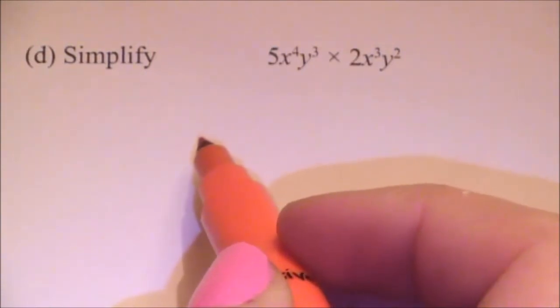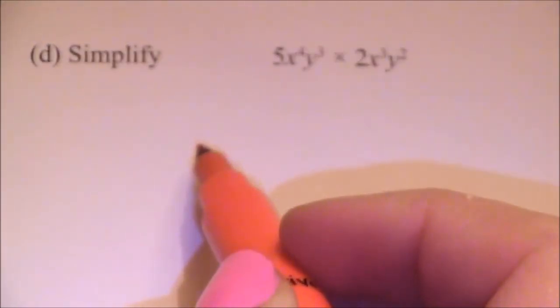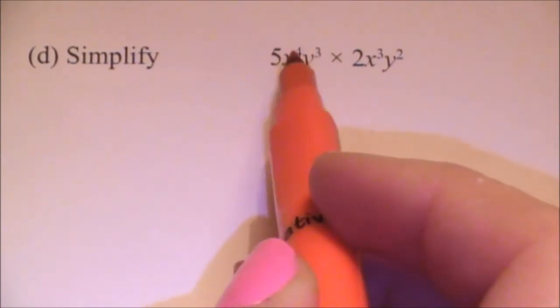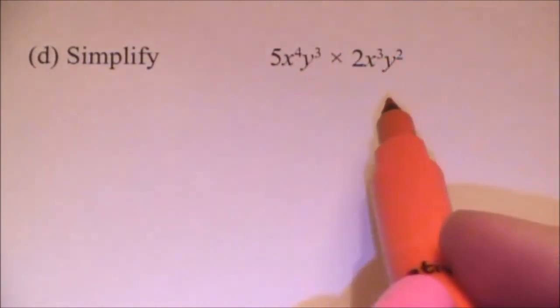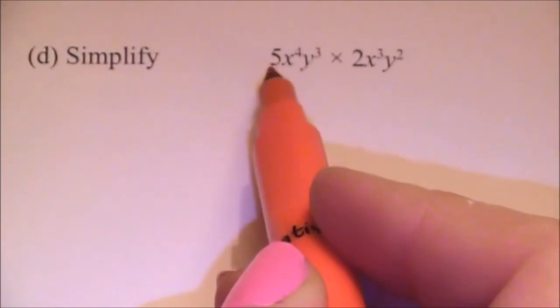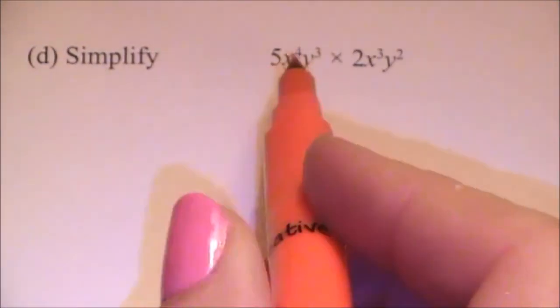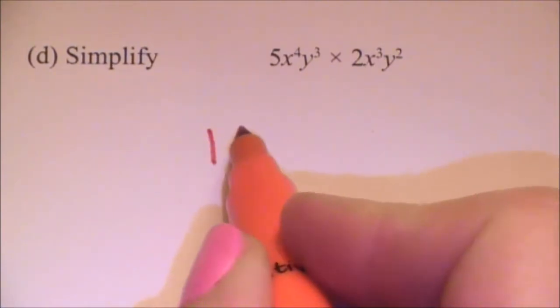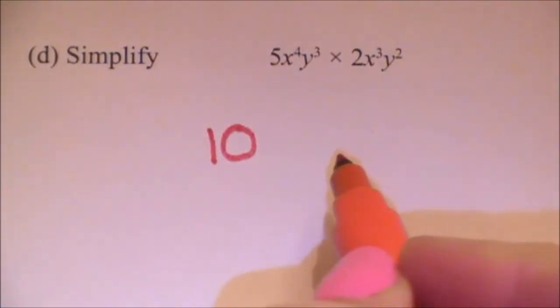Part D is asking you to simplify for 2 marks, and what you need to do here is actually carry out the multiplication, but being aware of index laws as you go through. So again, deal with the numbers first, then the letters. The first thing I come across is a 5 and a 2, and 5 times 2 is 10.